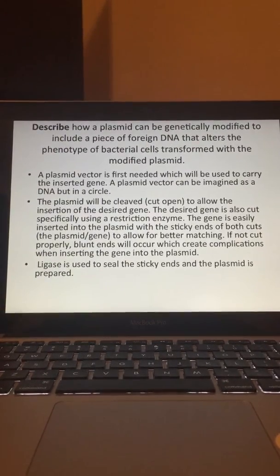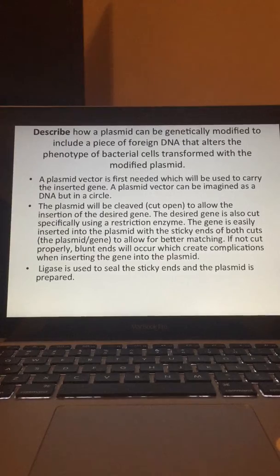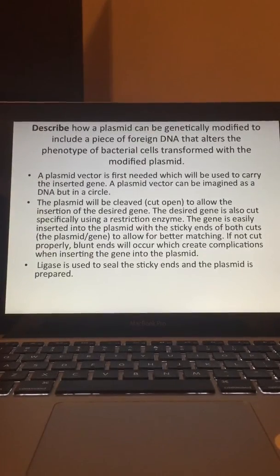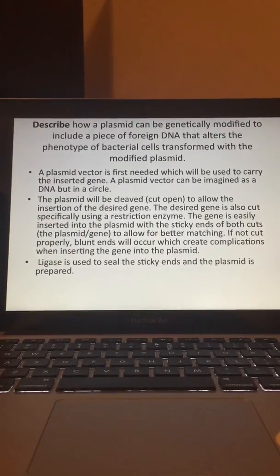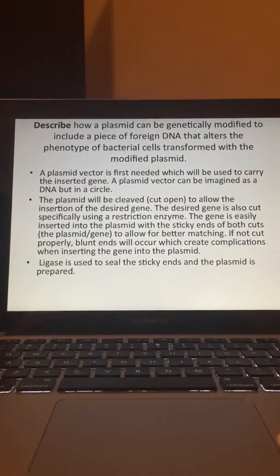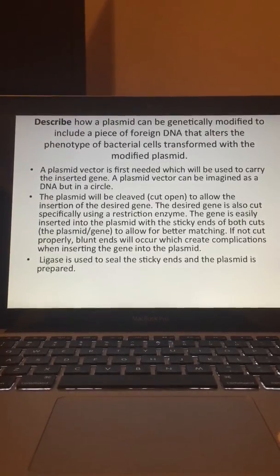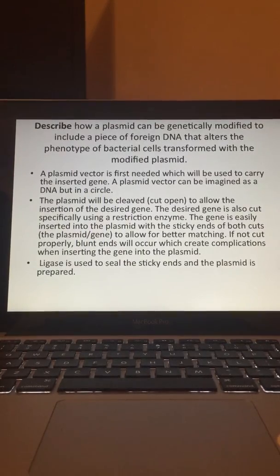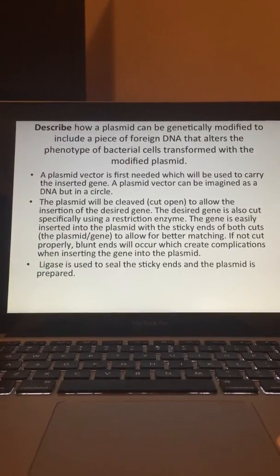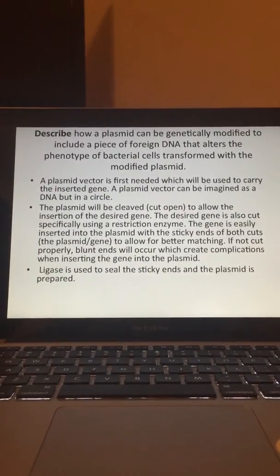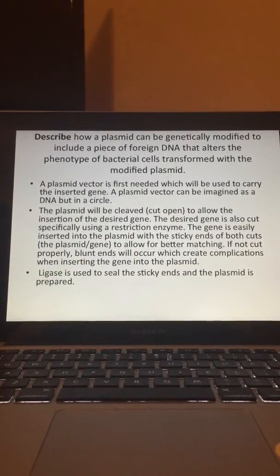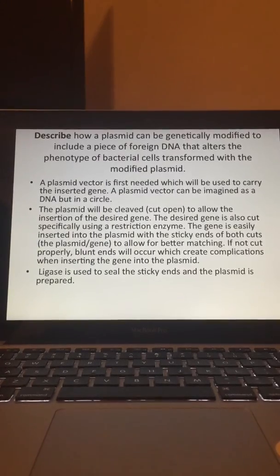If you had used something like blunt ends, you wouldn't be able to really put the desired gene into the plasmid, because blunt ends don't allow for that puzzle to connect, because it's just straight cuts. It's not really specifically cut.